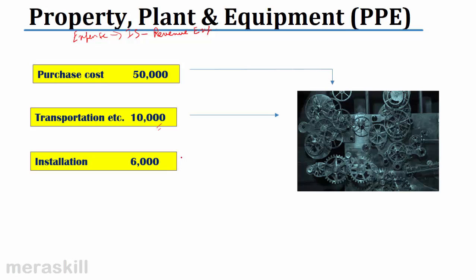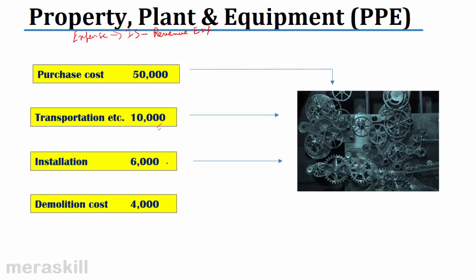Since I cannot use the machinery till it is installed, in short, students, all costs incurred to make this machinery ready for use should be added to the cost of the machinery. Clear? So though the bill said only 50,000, I am going to add this 10,000 transportation cost and 6,000 installation costs.